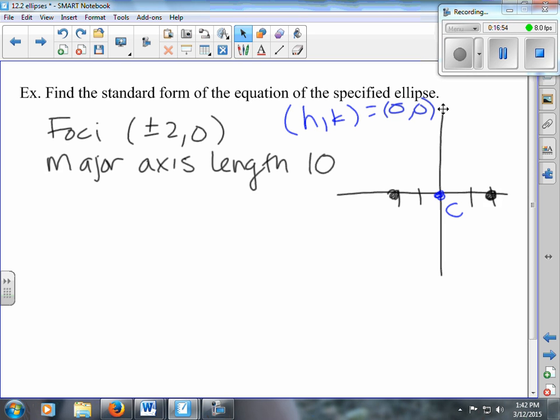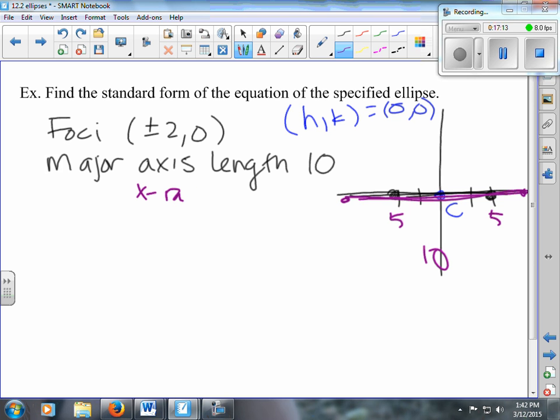Okay, the other thing that I've been told is that the major axis has length 10. So I know the foci lie along the major axis. So if this is my major axis, then the length of it is 10, which leaves me 5 for either side, which tells me that my x radius is 5. Okay, so I'm doing pretty good. Let's write down what the standard equation for an ellipse is.